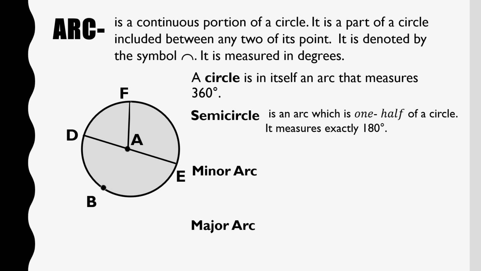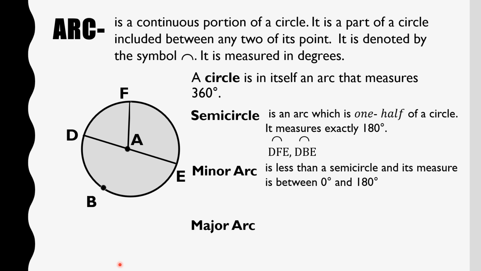The first and the third points are the endpoints of the diameter, and the middle point is any point of the arc between the endpoints. In this case, we have arc DFE and arc DBE as semicircles.